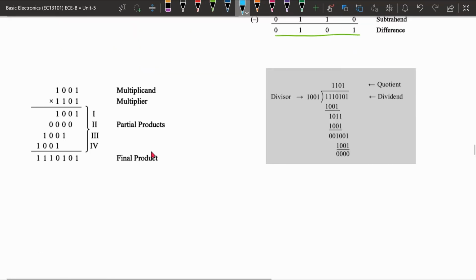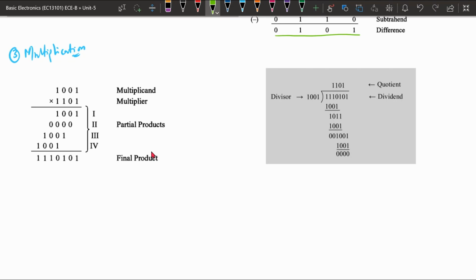Next is multiplication. So similar to decimal multiplication that we have already known, similarly we can do in case of binary also. So if two numbers are there, 1 0 0 1, and we are multiplying with 1 1 0 1. So the method that we perform for decimal multiplication, we can do the similar in case of binary.